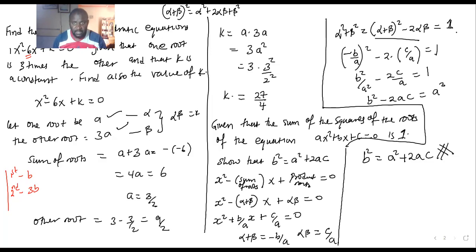Sir, on this first number, where there is negative 6, you said that when you add b plus 3b, it's positive 6. Why did you neglect the negative?